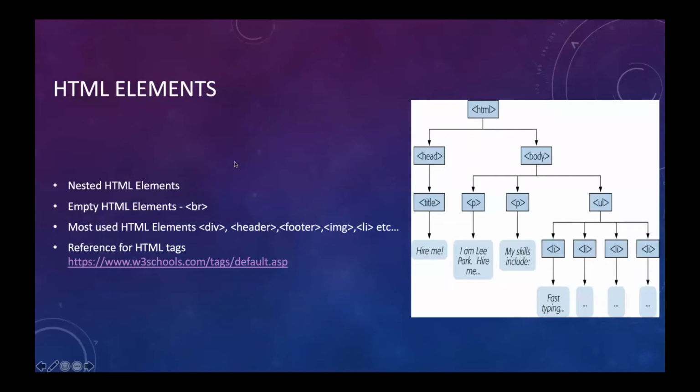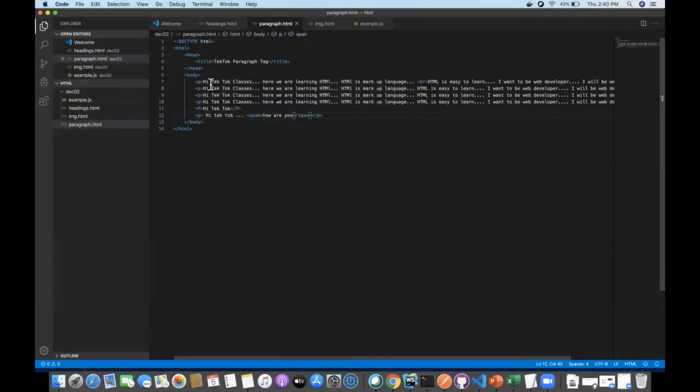Okay. So what are empty elements? As per the definition, an element should have some information between the starting and ending tag. But if you see here the break, it is not having any information. It has the starting tag but not the ending tag, it just breaks the line.